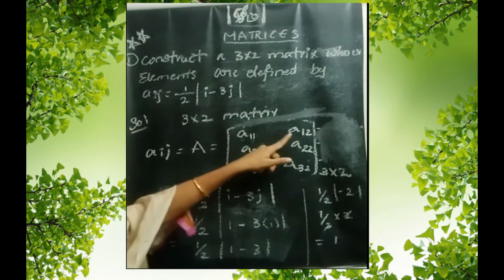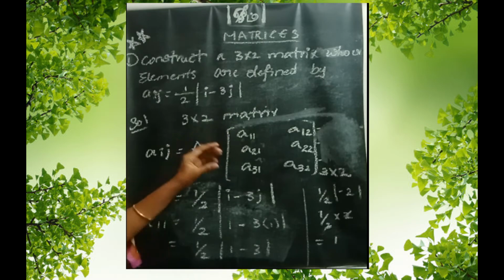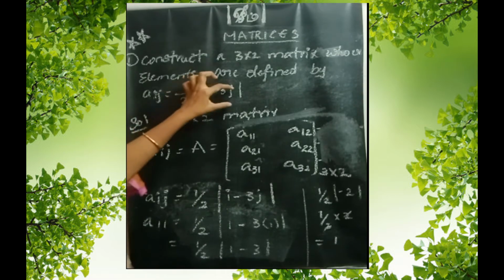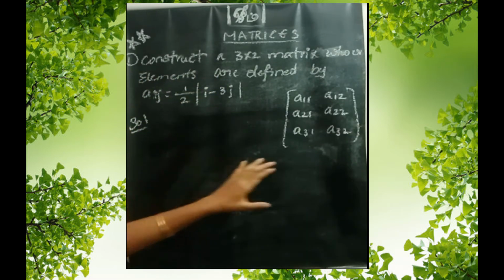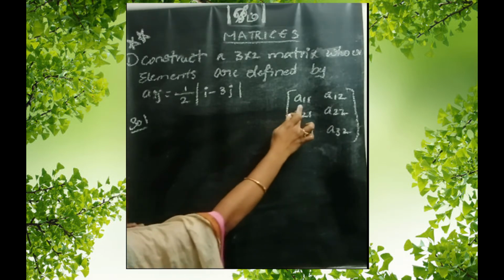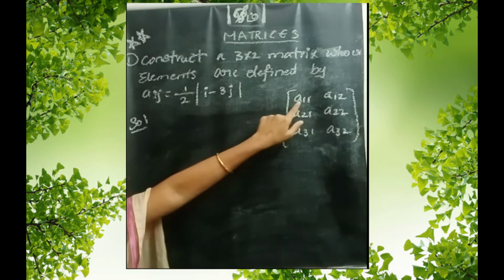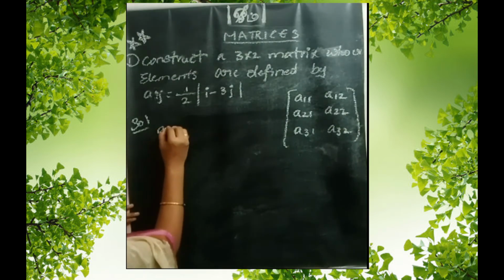Like that we have to find out the remaining elements by substituting 1 2, 2 1, 2 2, 3 1, 3 2 in this. Now this is the 3 by 2 matrix. Before, we substituted A11 and got 1. The value of A11 is 1. Now substitute A12.